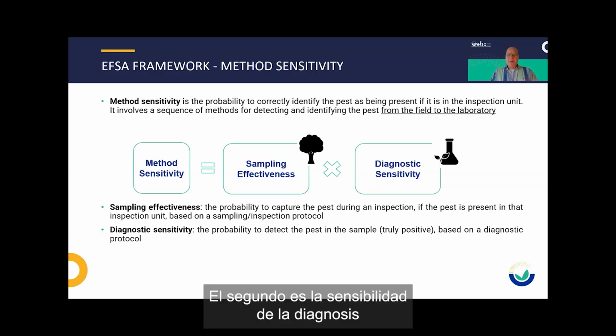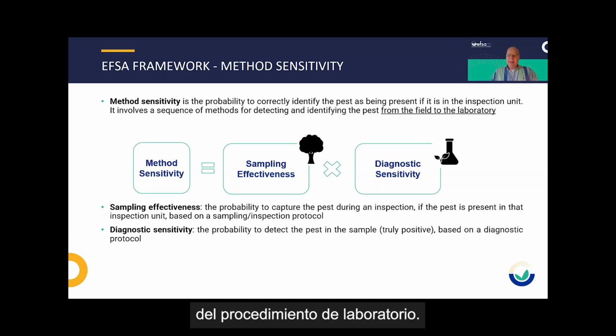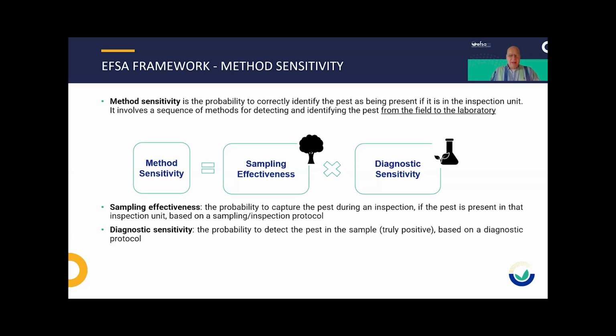And then we have to understand what the diagnostic sensitivity of this laboratory procedure is. So we need the information for both of these processes to properly inform RIPEST on it.